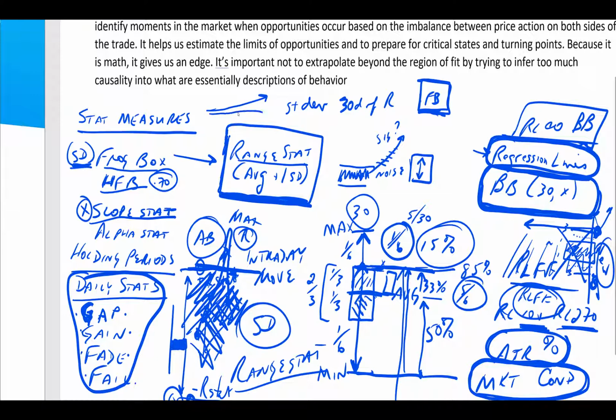So if this is the 0 line and this is the RL30, we can compute that angle, that slope angle, and say, compared to the steepest up it ever was and the steepest down it ever was over a look-back period, how steep is this current slope of the 30-period regression line compared to the max, the average and the min, and we can compute a descriptive statistic to tell us how abnormal or how normal is this move compared to previous moves, and it gives us some sense of market description.